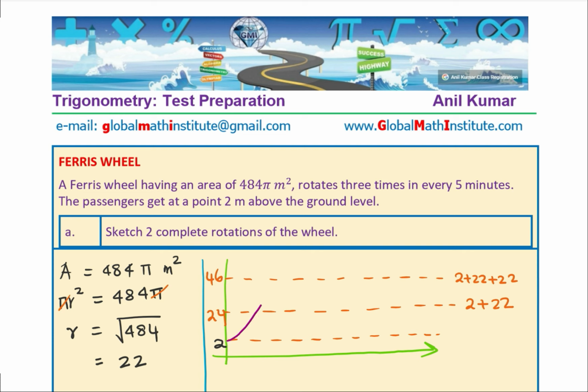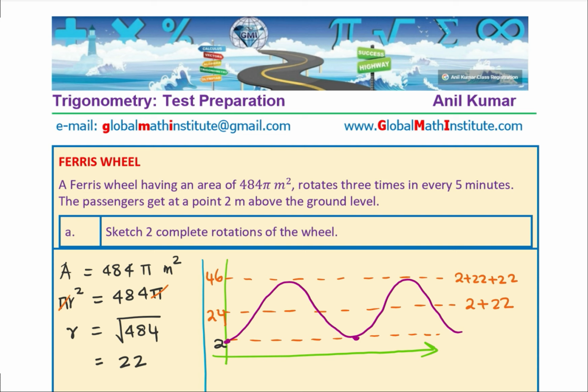You go up and then you come down. Up and then you come down. So that becomes 2 cycles, right? Starting from the bottom, coming back to the starting point, and then again going for the second cycle. So we have got 2 cycles here.